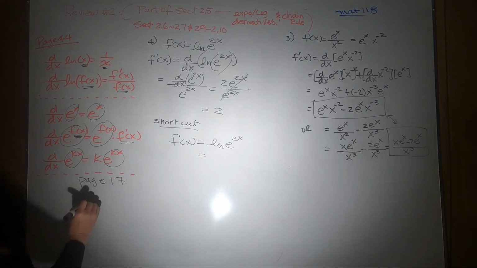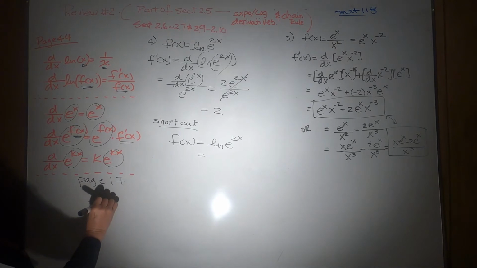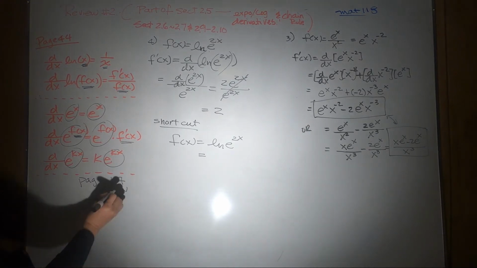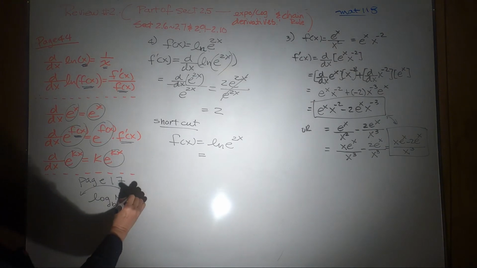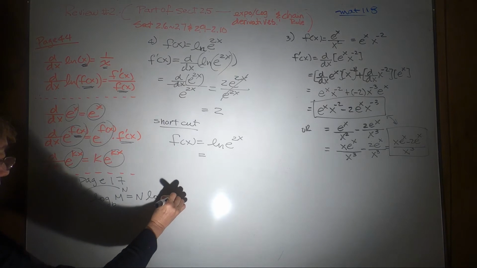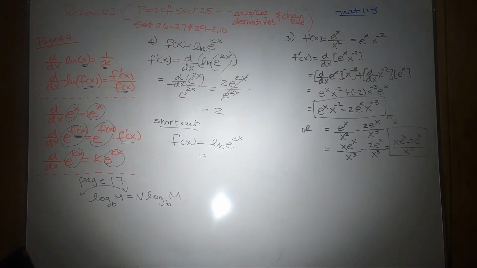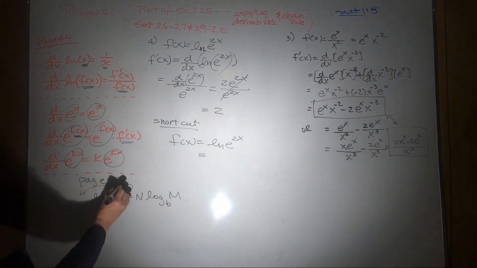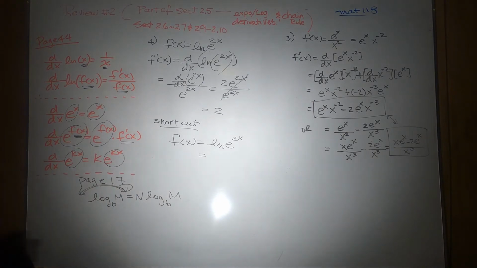Okay, so we say log base b of m to the n power, you can move the n outside, will be n times log base b of m, right? That's the power property. We have that. So whatever the power for the log, same thing if you have a natural log.